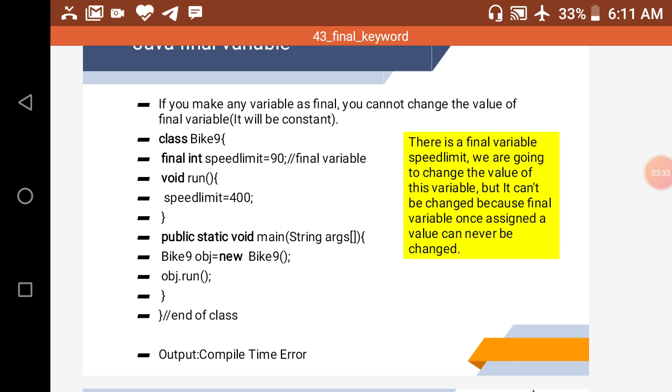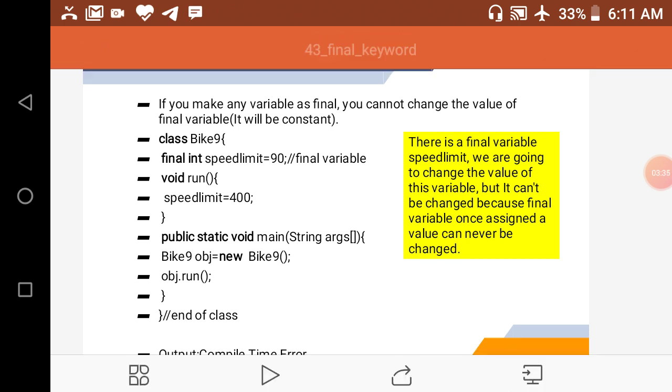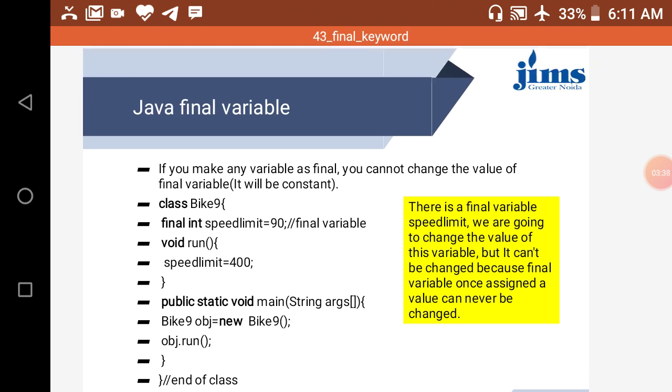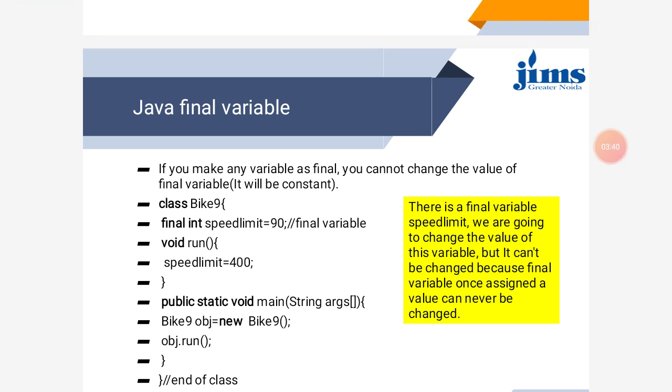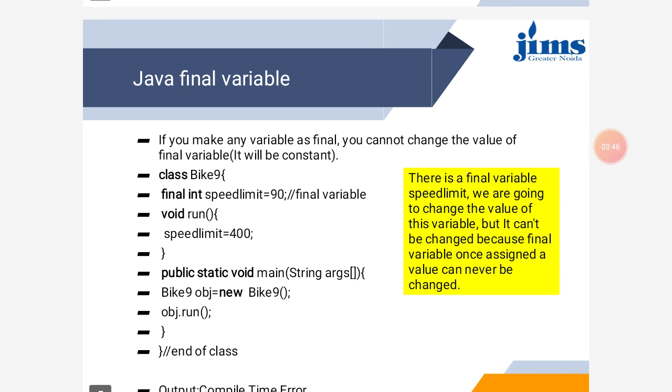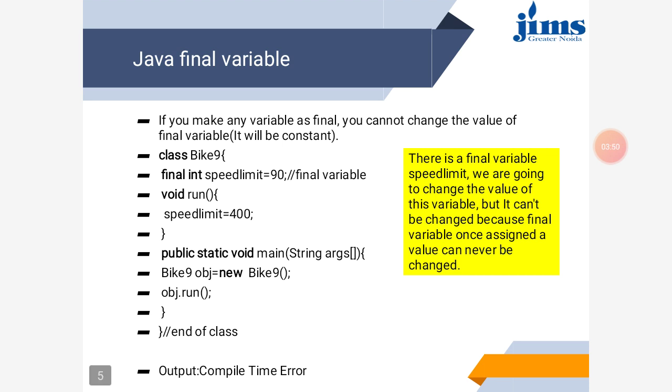So in this program we can see a Java final variable. It means we are mentioning the final keyword before the variable name.